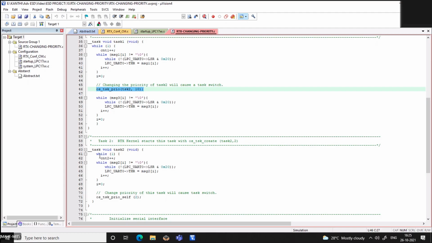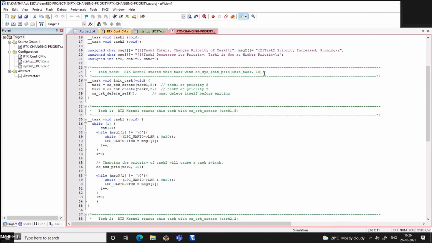And if you notice here, I have a while 1 and increment the count. Then I have a message 2. I'm transmitting message 2. What is message 2? Message 2 is task 2 priority increased, and which is running.